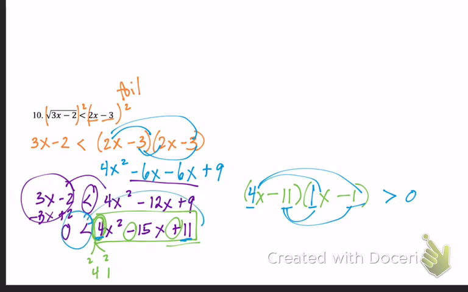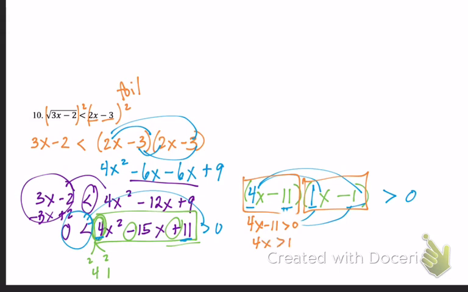I just moved this over and put greater than 0, just because I like it on the right side. I think it's easier. Now when you're solving for x, you set this stuff in parentheses equal to 0. You should remember that from Algebra 1. But if you have forgotten, you set this stuff in parentheses equal to 0. So 4x minus 11 equals 0, or I guess greater than 0, since we are doing inequalities.